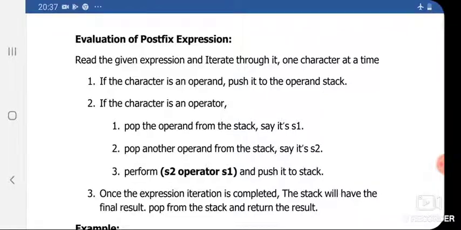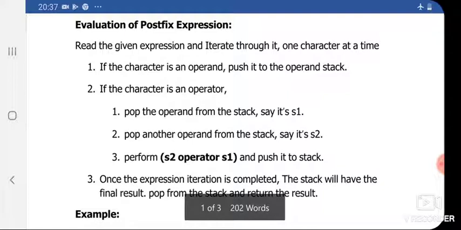First algorithm, evaluation of postfix expression. We read the given postfix expression as a string and iterate through it one character at a time.